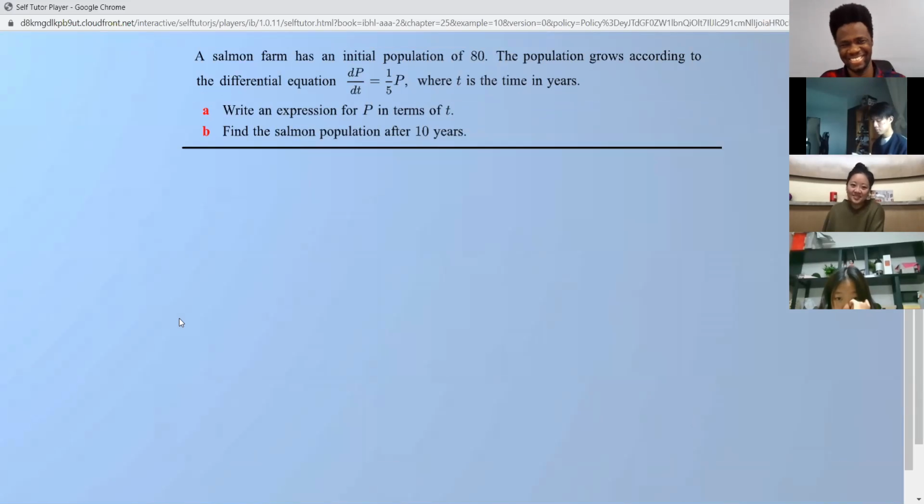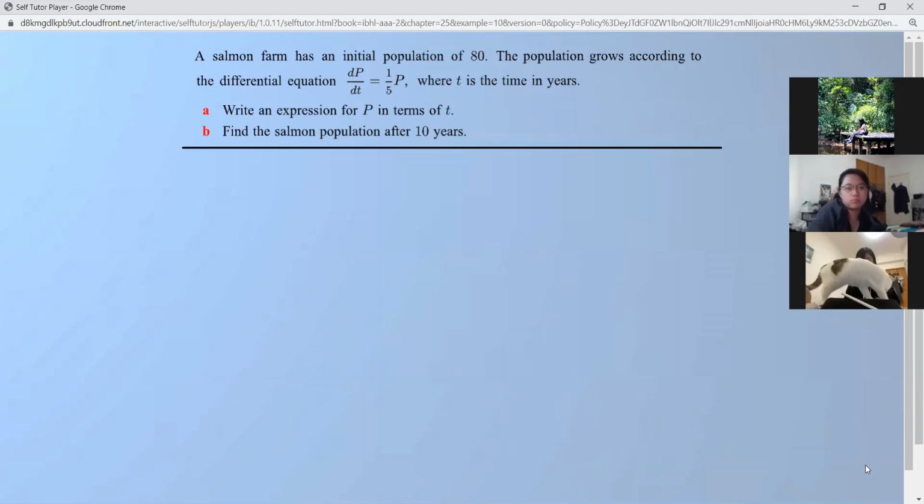For any worded question, it is important to read the information carefully. Very important. Take a few moments to identify the mathematical information it contains. You should notice the differential equation and also the initial population.